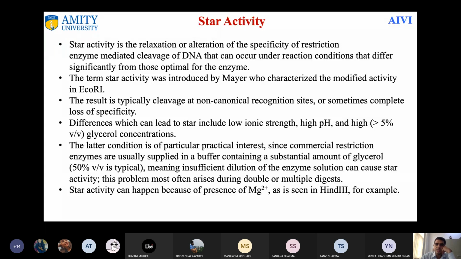Cross activity means they recognize something non-specific. That non-specificity is also there in the case of your restriction enzyme. So how does this cross-reactivity or non-specificity arise? It arises on the basis of what conditions you provide, what buffer conditions are there, whether every condition you are working with is appropriate or not.